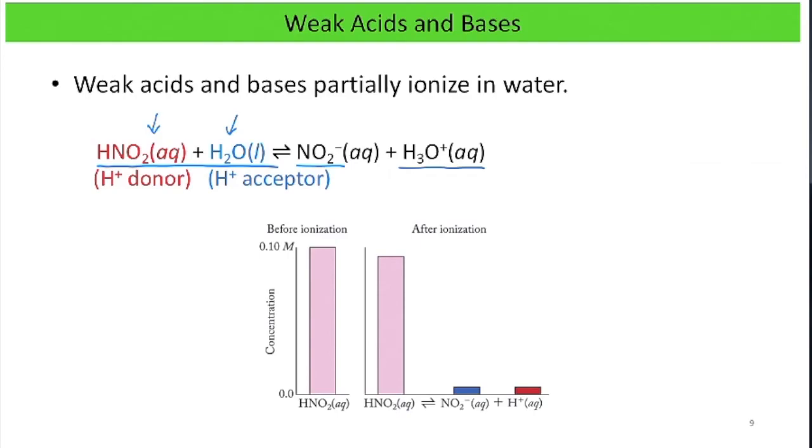So if we were to start with 0.1 molar HNO2 and let this reach equilibrium, we would notice that at equilibrium, we still have a fair amount of HNO2 remaining in solution and only a little tiny bit of products. So this is what a lot of weak acids look like. There are different strengths of weak acids, so sometimes there would be some more products and some less reactants, but overall there still will be some of each of those in solution at the same time.